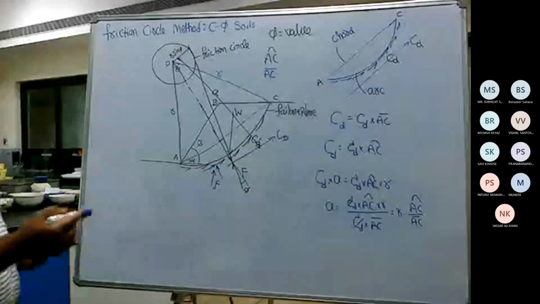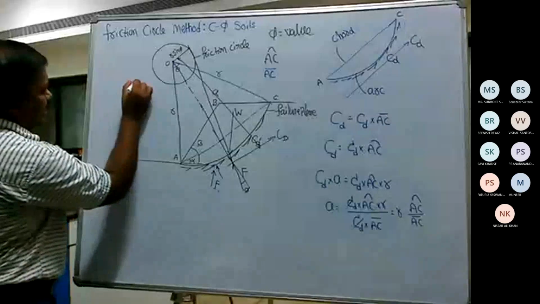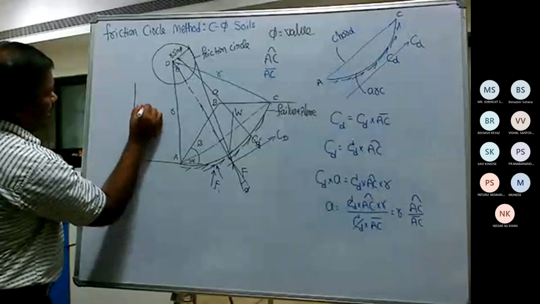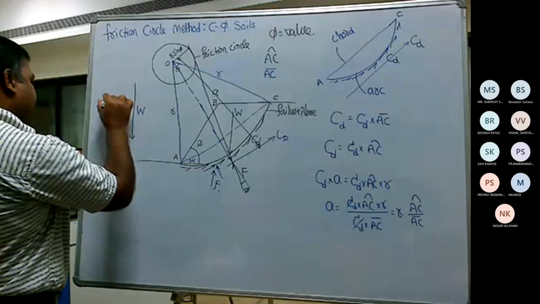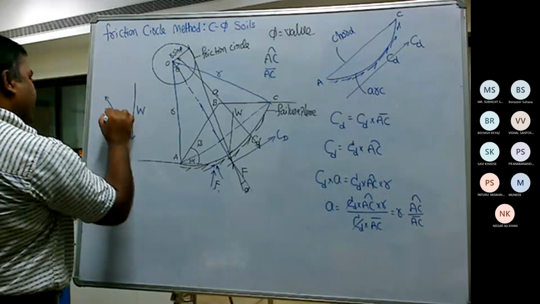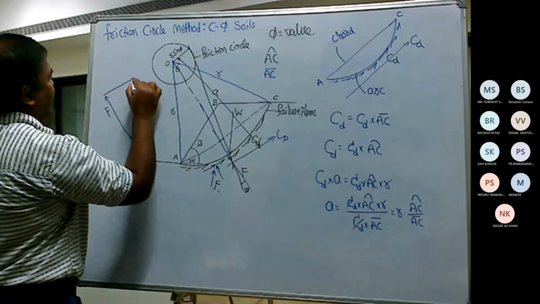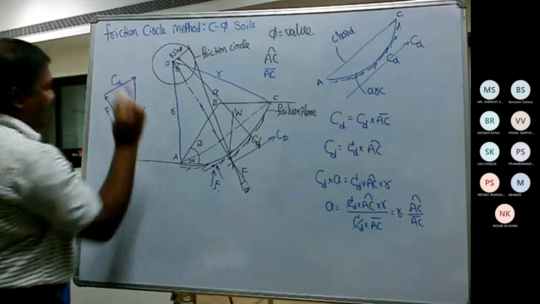Now, as I told, there are three forces here. By assuming the concurrence of the force polygon, the first one is the vertical force W, while the second one is the inclined force F, and the third one is capital CD.